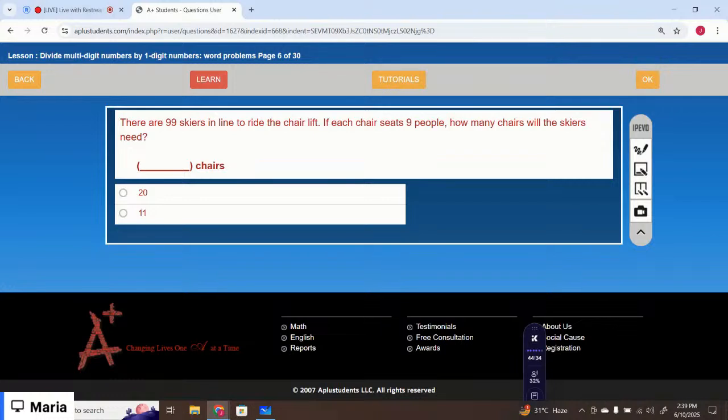There are 99 squares in a line beside the chair lift. If each chair seats 9 people, how many chairs will the squares need?